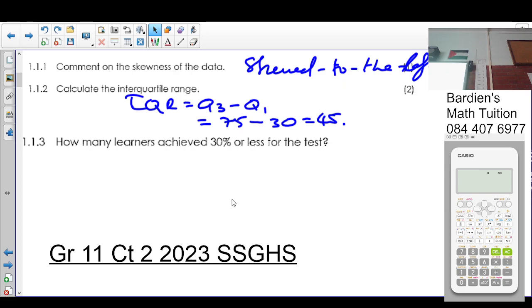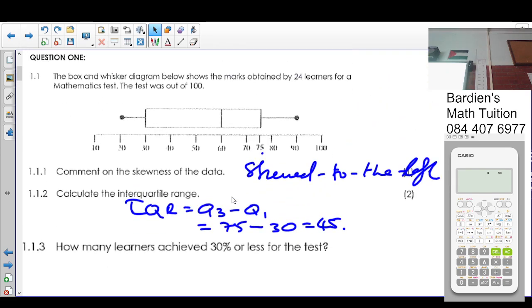1.1.3, how many learners achieve 30% or less in a test? So we know which section has 25%. Okay, that's why it's called quartile. It divides the data into quarters. Okay, so 30% is here.